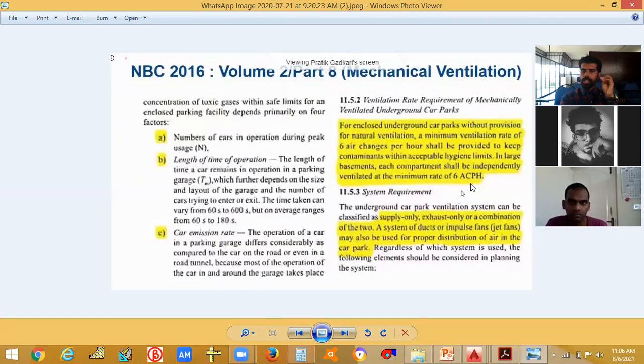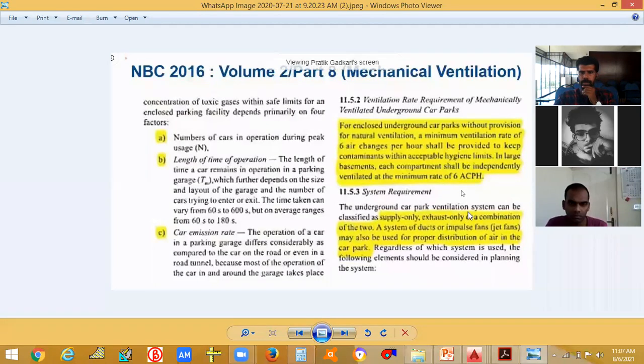So when it comes to car parking, you can give 6 ACH. Now the system requirements, what they have written.